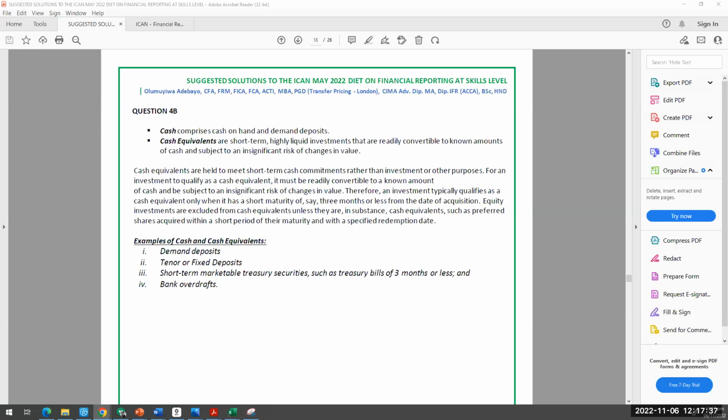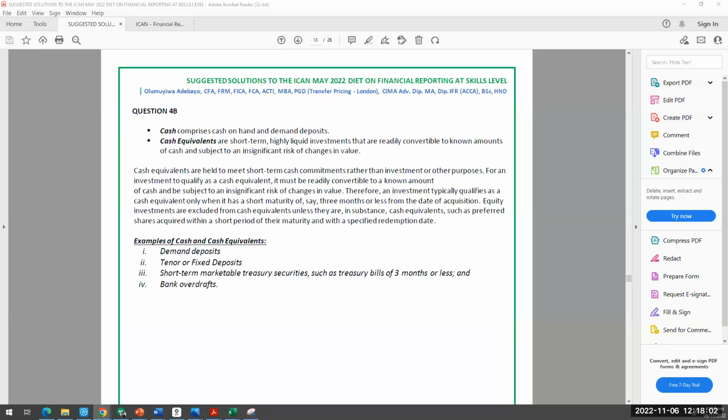Cash equivalents are held to meet short-term cash commitments rather than investments or other purposes. For an investment to qualify as a cash equivalent, it must be readily convertible to a known amount of cash and be subject to an insignificant risk of changes in value.